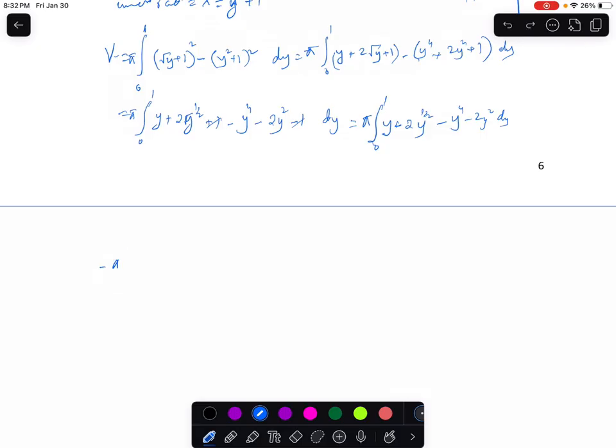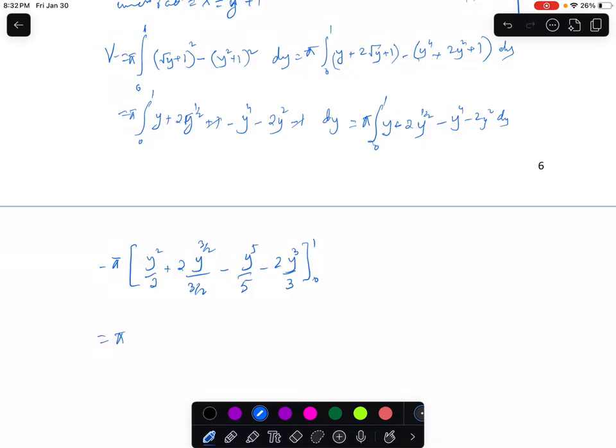So pi stays outside, inside we get, so y square over 2 plus 2 into y to the 3/2 divided by 3/2 minus y to the 5 over 5 minus 2 y to the 3rd over 3, and then limits from 0 to 1.